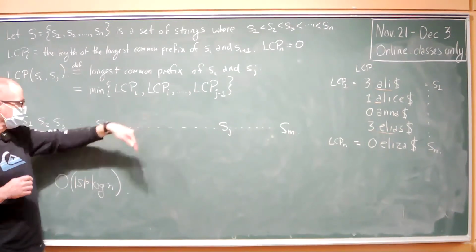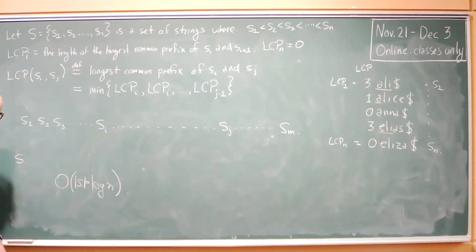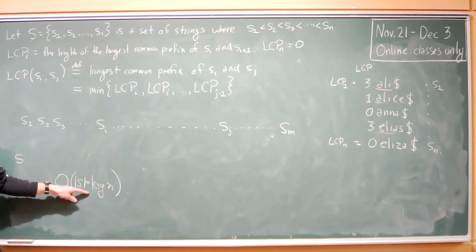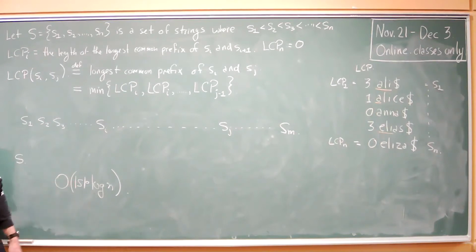So towards the end of this search, it really depends what strings you have, but it kind of puts you in a situation where the comparisons take longer and longer as the search gets closer and closer to the answer. In fact, the final answer, if S is in the set, will take length of S to compute.